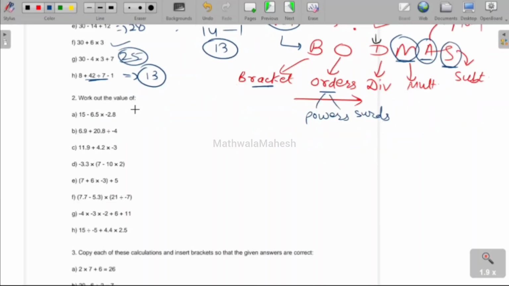Work out the value of 15 minus 6.5 into minus 2.8. In this question, we don't use integers. We use decimals. So the method is same. 15 minus 6.5 multiply minus 2.8.